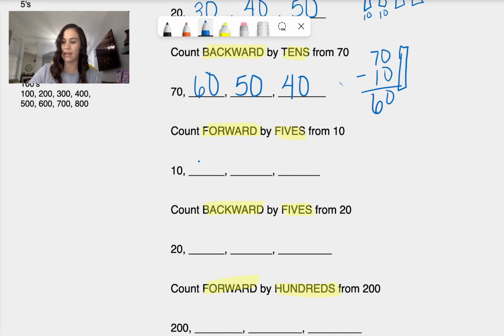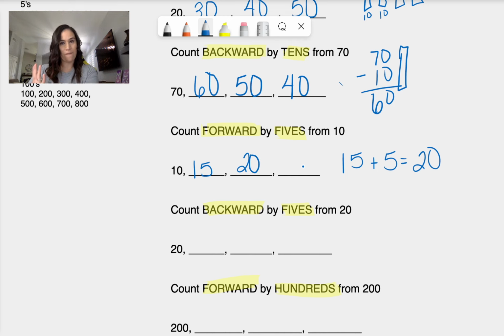So 10, 15, 15 plus 5 more gives us what? 15, 16, 17, 18, 19, 20. So 10, 15, 20. Plus 5 more, so counting up 5 more gives us 25.